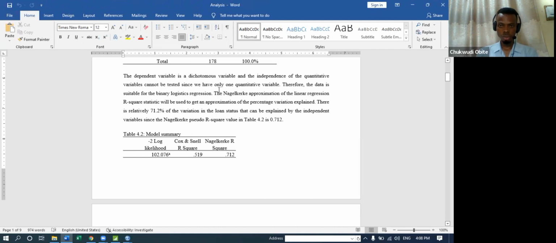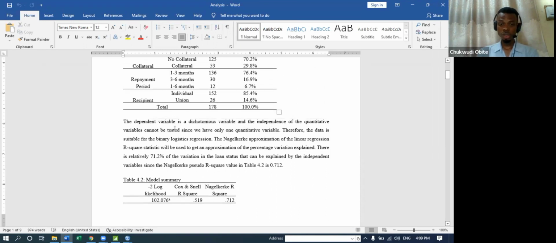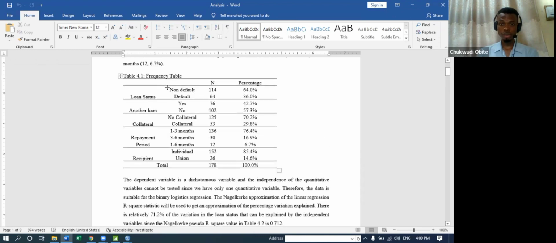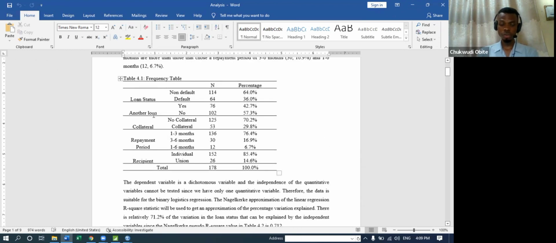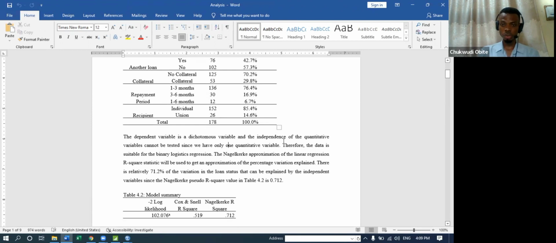And the independent variable is quantitative. Okay, this is talking about assumptions. One of the assumptions is multicollinearity, but in SPSS you only test for multicollinearity when the independent variables are continuous variables. But in this case, we only have one continuous variable, or one quantitative variable. So because we only have one quantitative variable, you can't test for multicollinearity.